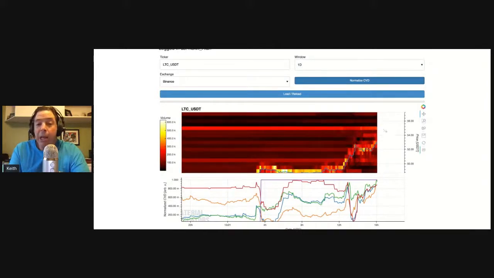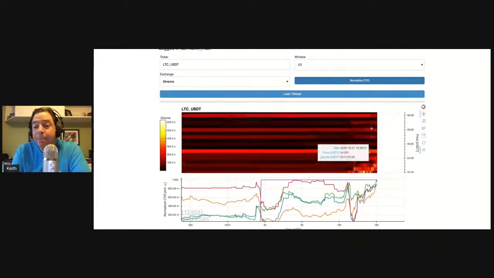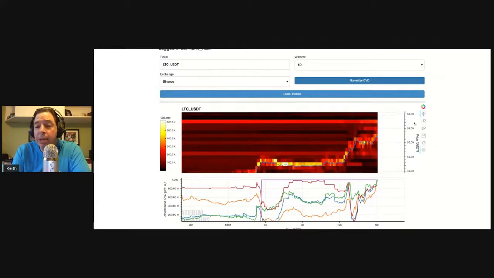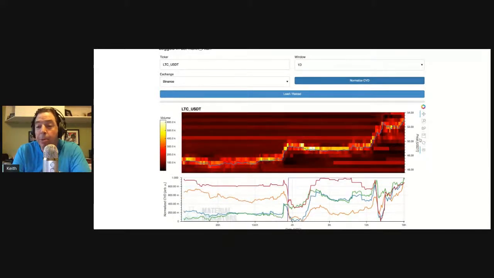So now Litecoin is looking at less than 300,000 of resistance overhead at 55. And let's see if we can take a broader look at the chart.